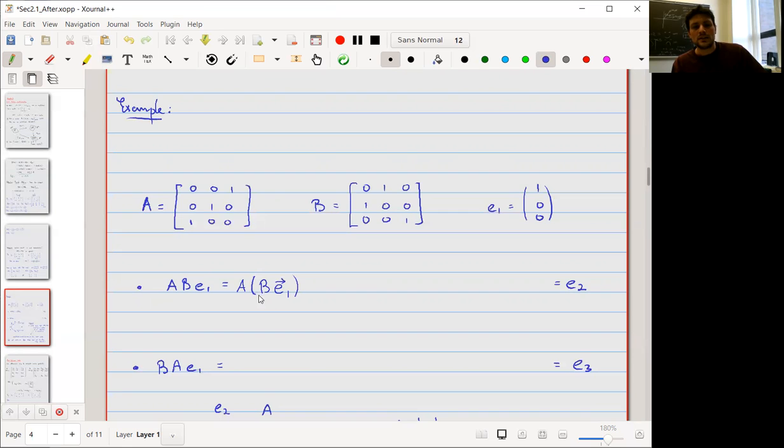B times E1 is the first column of B. So this is A times the first column of B, which is 0, 1, 0. That's what E1 does. But this is the second column of A, because this is E2. This is A2, which is, well, accidentally, another copy of E2.